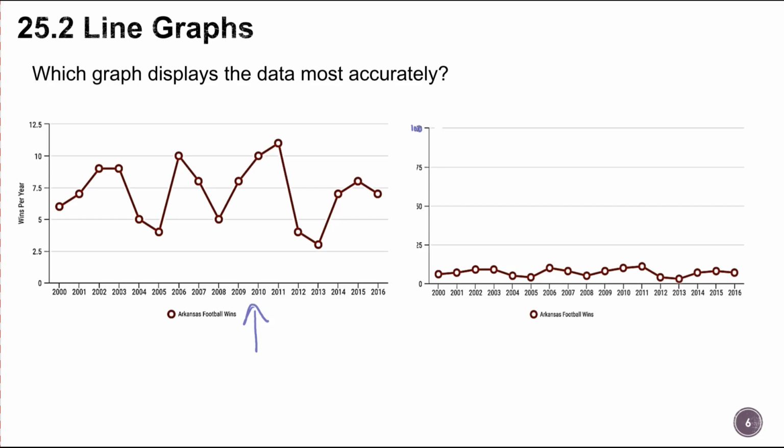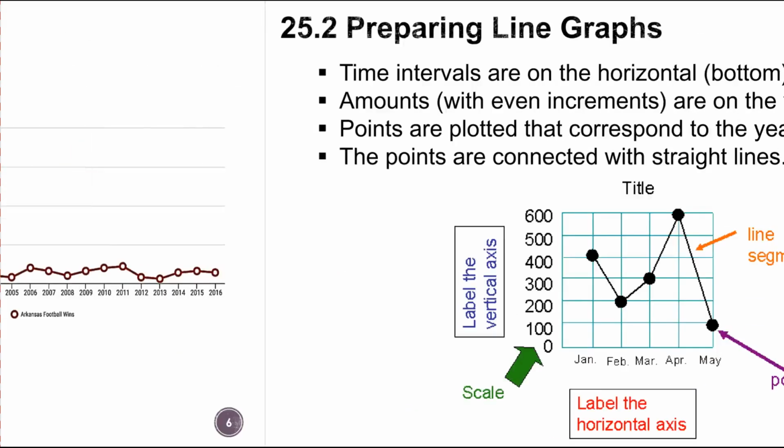First of all, nobody plays 100 games in a year, or even 25 when it's football. It's just labeled improperly. Notice that the horizontal axis is labeled the same, but the vertical axis is what makes this data appear very different from what it looks like on the left. So just another one of those. You need to be careful how you label.